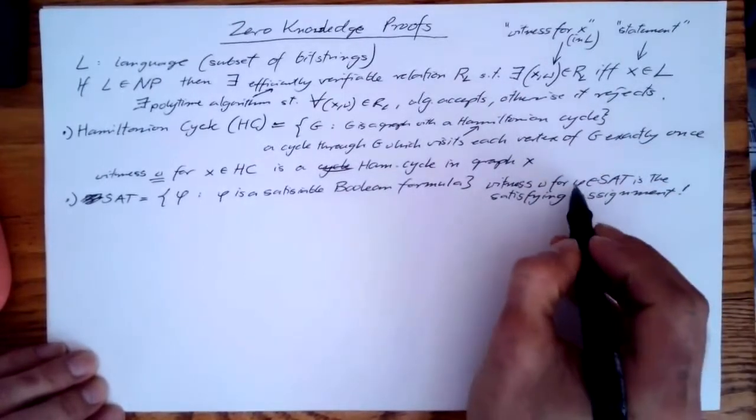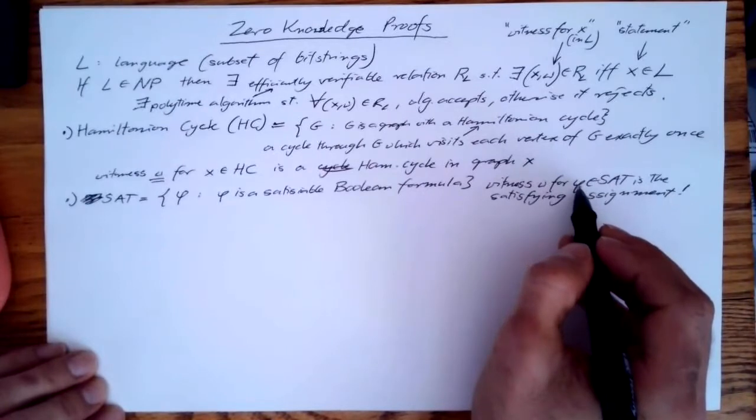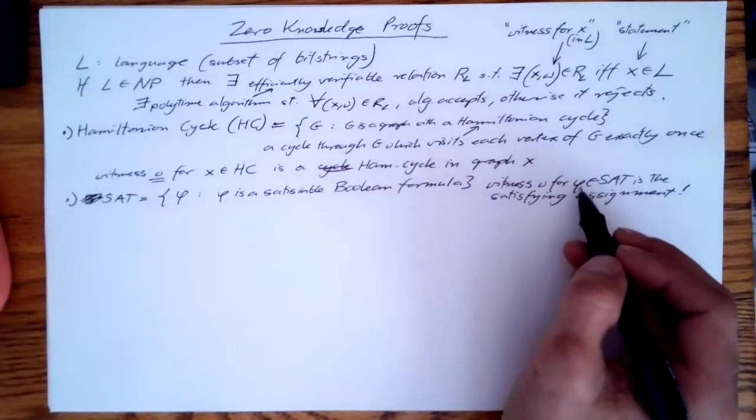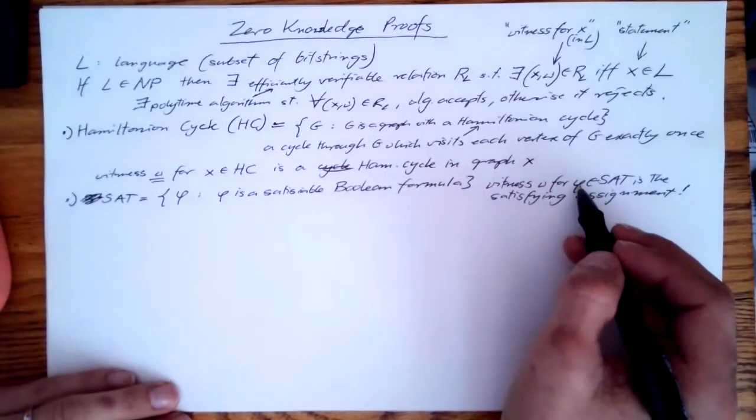So the formula has variables, let's say, x1, x2, x3 to xn. A formula is some Boolean expression involving these variables.